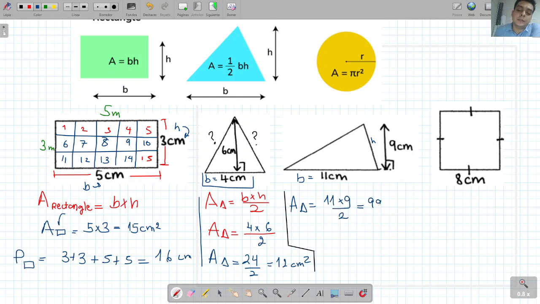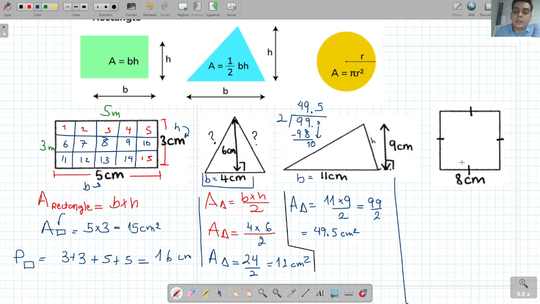This is 99 divided by 2. 99 divided by 2 is going to be 49 because it's 98. And here we got the decimal point, remember, it's going to be 49.5. So in the exam we are not going to have any decimal, by the way. Don't forget this is centimeters squared because we got centimeters. And we finish.